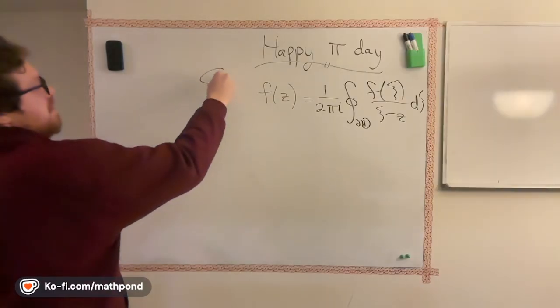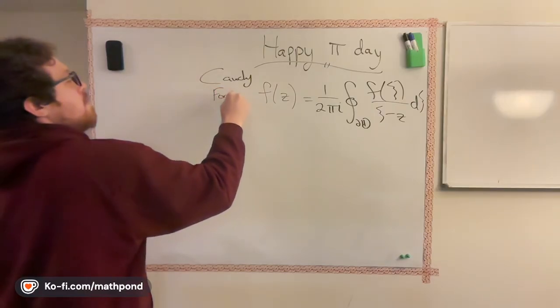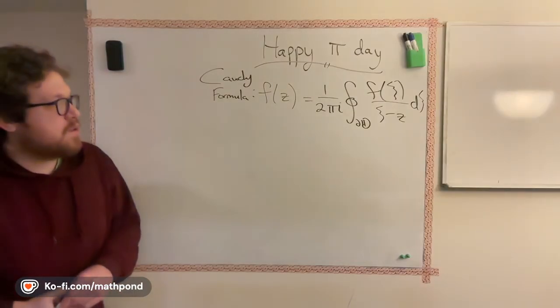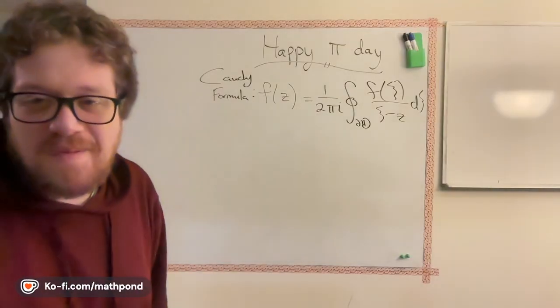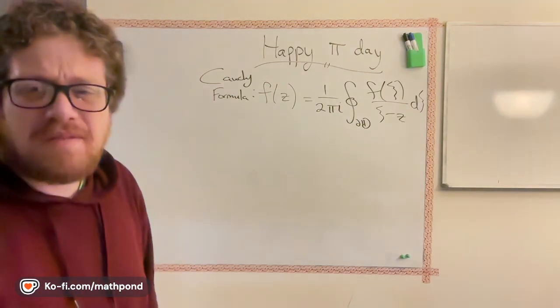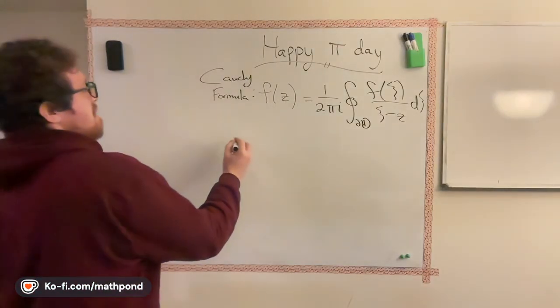This is what we were doing last time, Cauchy formula. Also a pi, so counts. Riemann zeta. Calculate the derivative of the Riemann zeta function at 0. What is Riemann zeta?